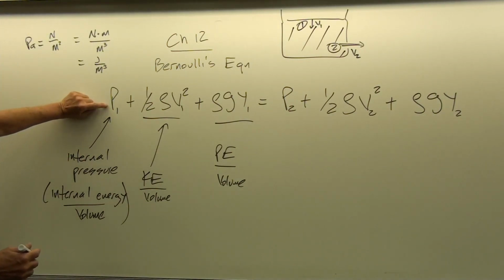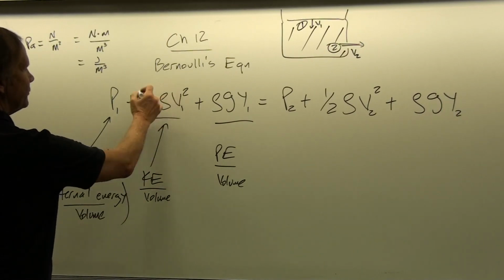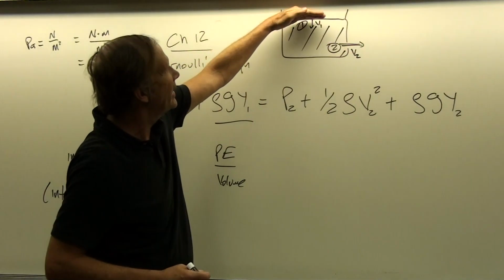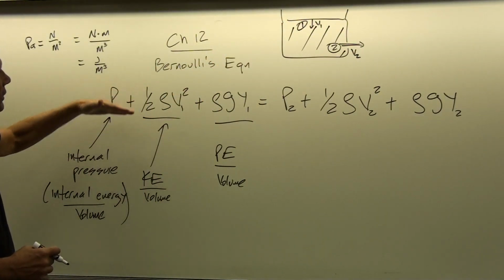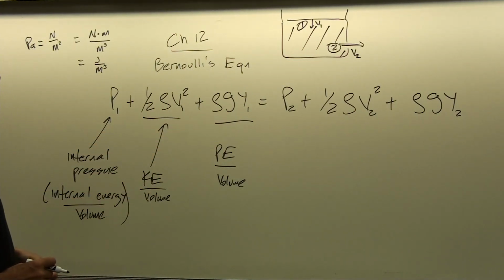Okay, so this is our internal energy at some point 1 in the medium. This is the kinetic energy per unit volume. So that's basically how fast the fluid is moving in a unit of volume. And rho g y1 is very much like a potential energy per unit volume.